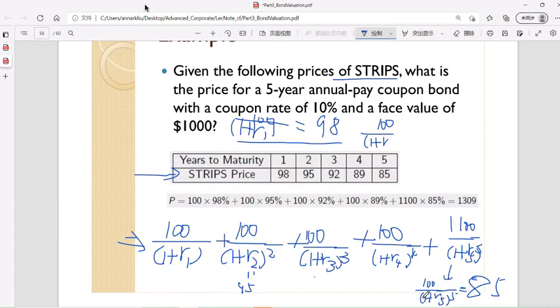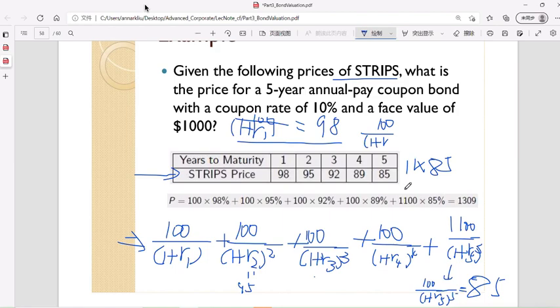That's 85. So that should be 110 times 85%, or 85% times 1100. Okay, so this is what you know.